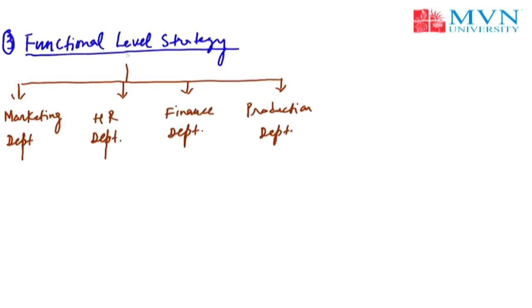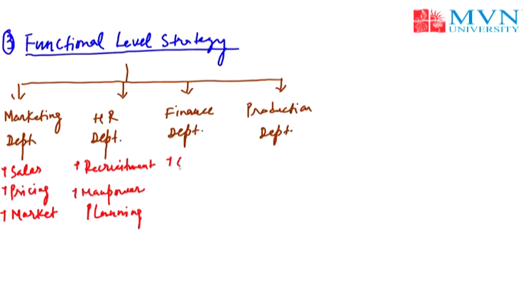If I give the example of operations of the marketing department, we can say they are looking after sales, pricing, and market. The HR department is looking after recruitment, manpower planning. The finance department is looking after capital acquisition, loan requirement, working capital requirement, or overall financial requirement of the company.